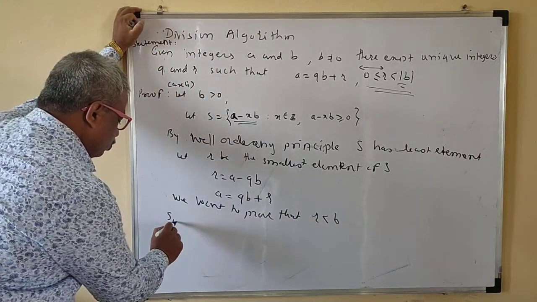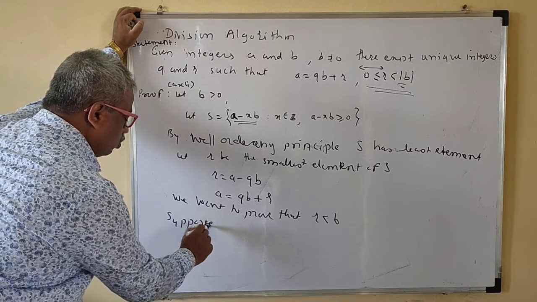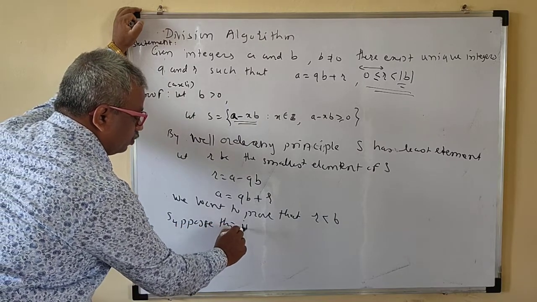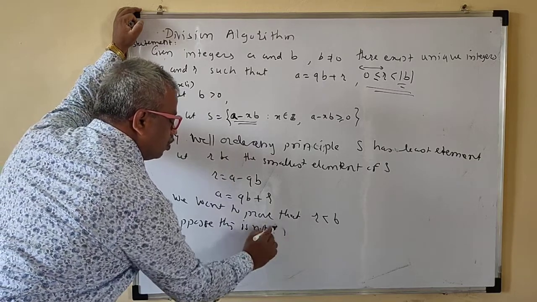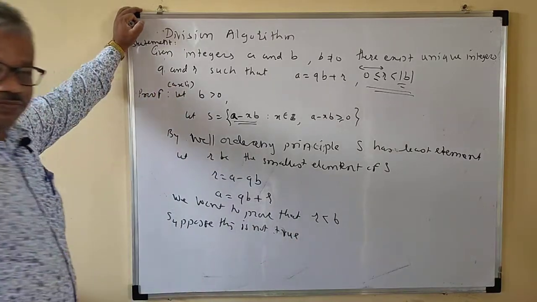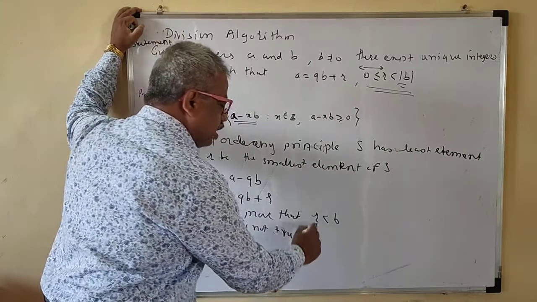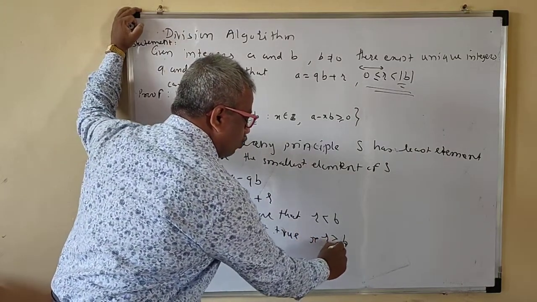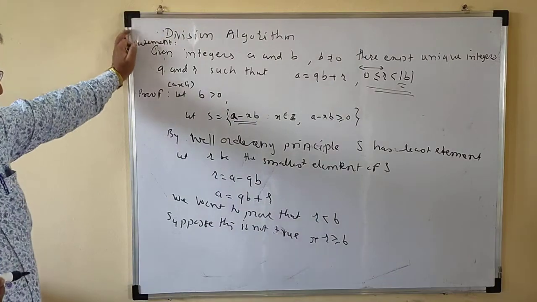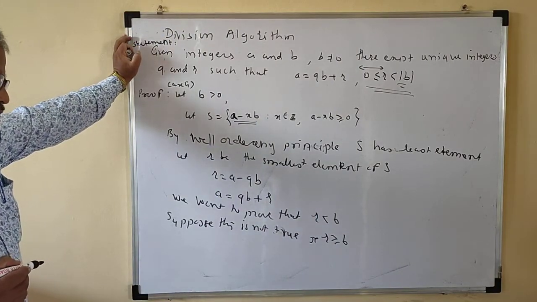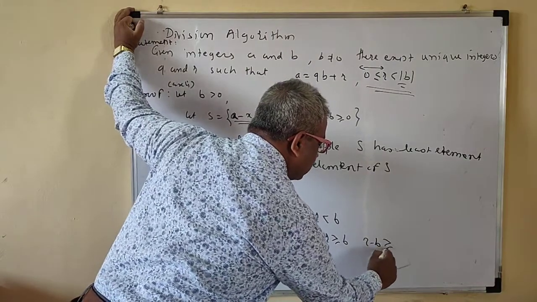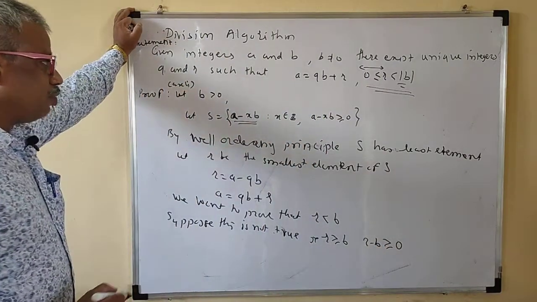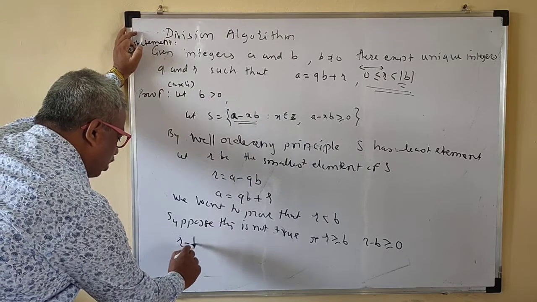Suppose this is not true. This is not true means r is greater than or equal to b. That means r minus b is greater than or equal to 0. So we'll find r minus b.